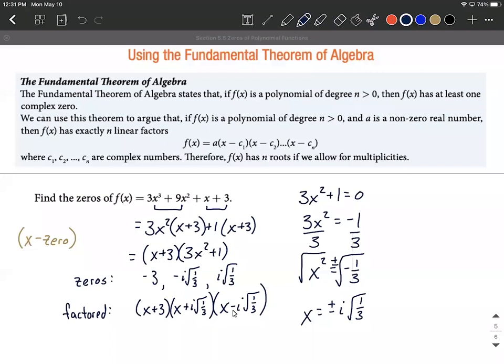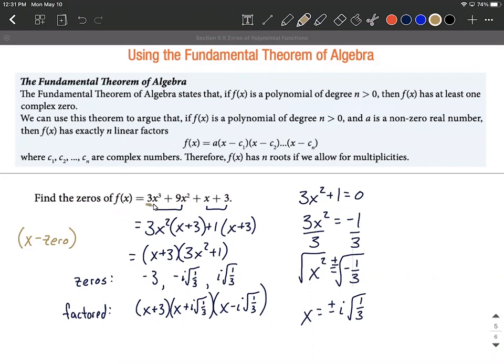Now this one does have something special going on. If we were to multiply this all out, you're going to have an x times another x times a third x, but that's going to get you to x cubed. Our original starting function had 3x cubed as our highest power of x. So what we need to do is account for that 3 that's out in front.